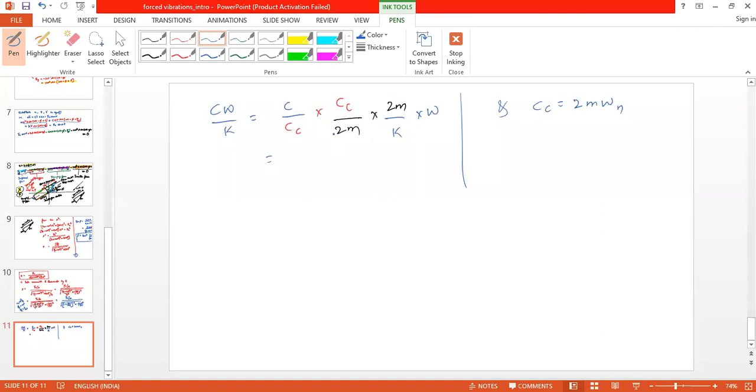There is no problem with the terms. These two will get cancelled and these two will get cancelled. So finally, we'll be left with c omega by k only.